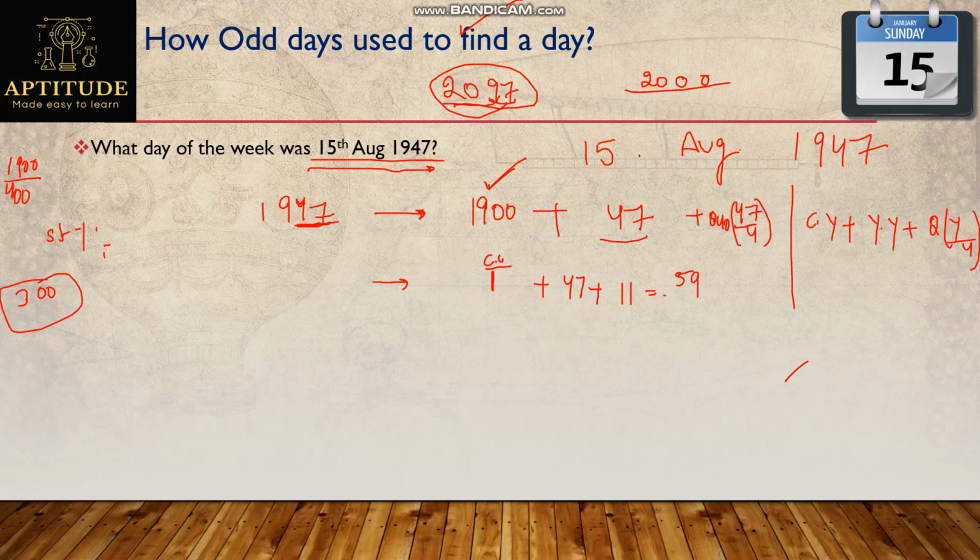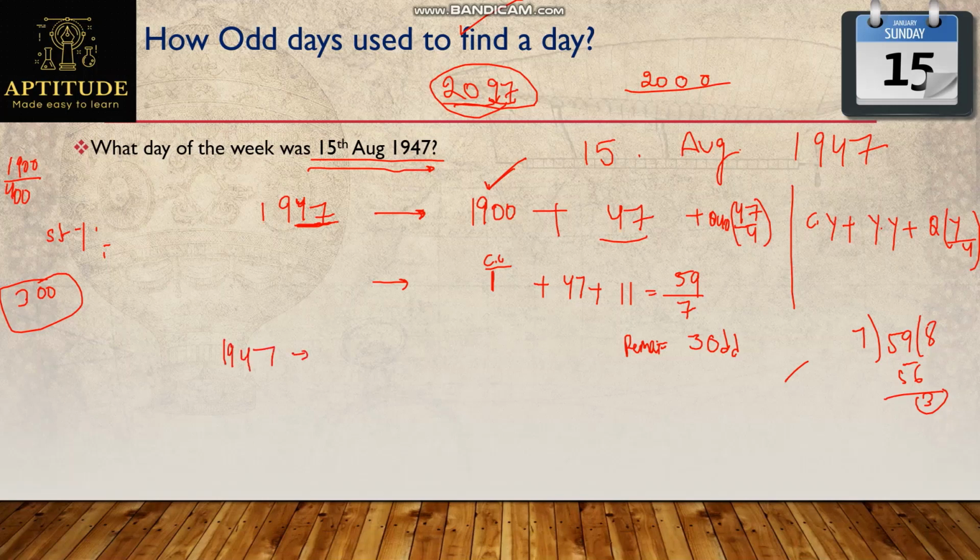You can simplify this by dividing by 7 and considering the remainder. 59 divided by 7: 7 eights are 56, and 3 is left over, which is the remainder. So there are 3 odd days for year 1947, starting from the 0th year to 1947.